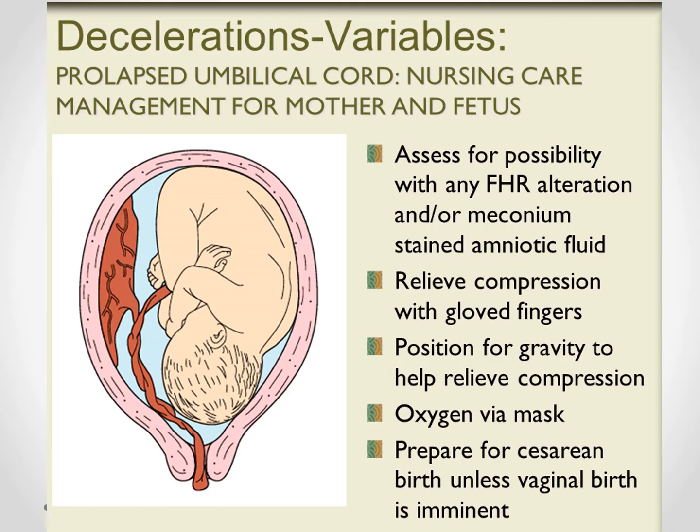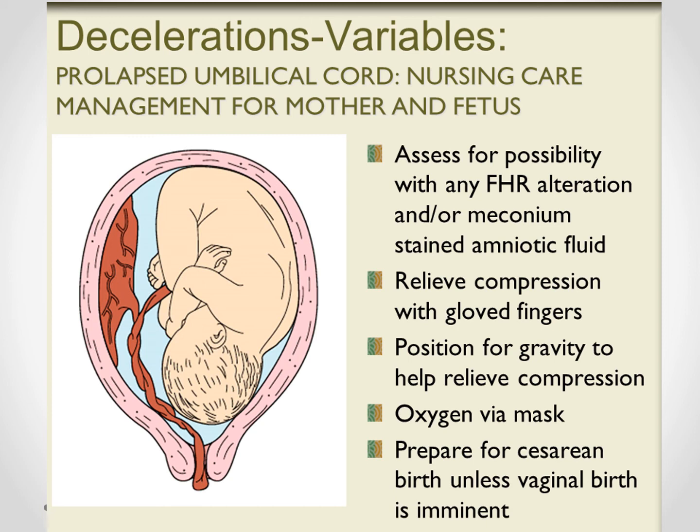All right. So, with a prolapsed umbilical cord, here are some basic things we need to do. You need to understand that when the umbilical cord prolapses, it's most likely to do that when the membranes rupture. This is why when the membranes rupture, the very first thing we need to do is look for the worst thing that could happen at that moment. And the worst thing that could happen at that very moment is that the cord falls under the fetal head or whatever presenting part there is, and it's compressed so that the fetus is not getting any blood flow.